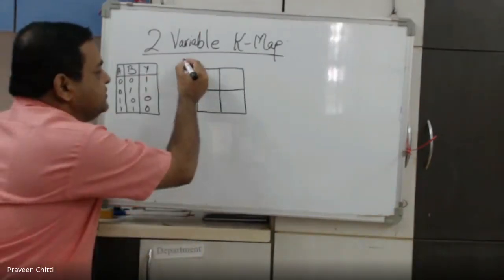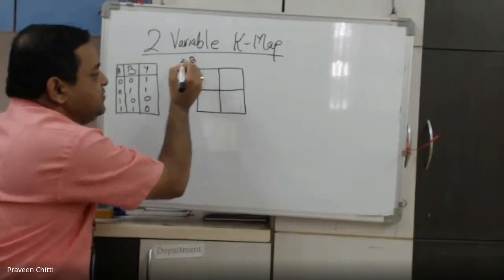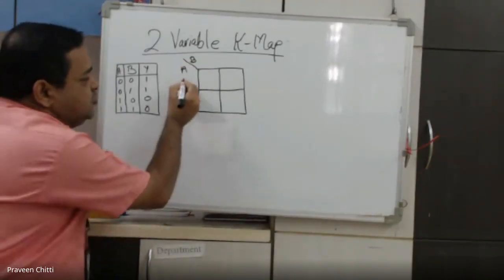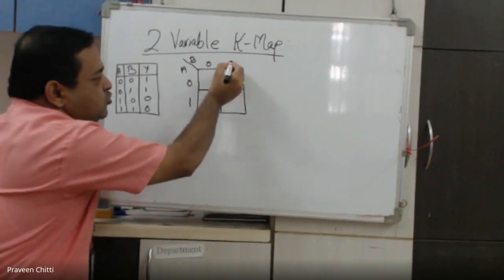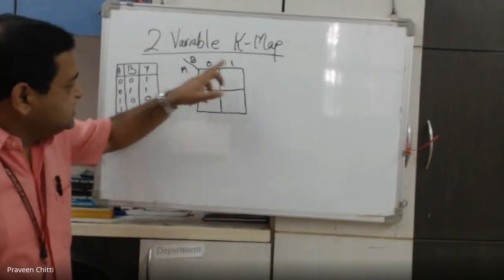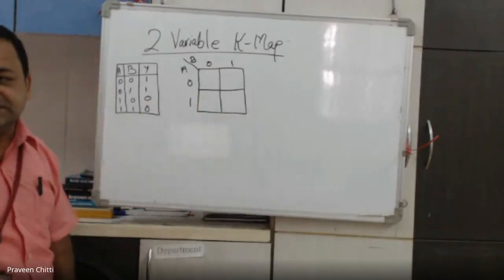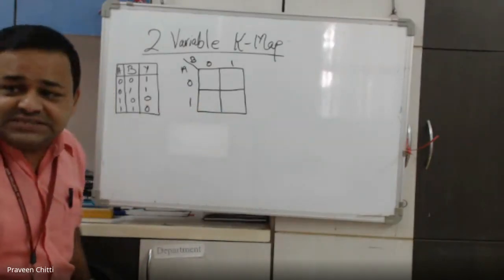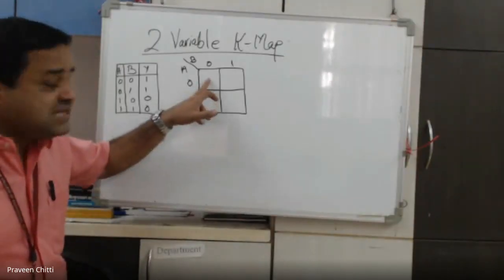I'll write one variable A here, another variable B. A can take two values, that is 0 and 1. B also can take two values, that is 0 and 1. So this is a two variable K-map. Then you may ask, what do we have to write in these four cells? You have to write the output corresponding to the input combination. Now, can you tell me what is the address of this cell?